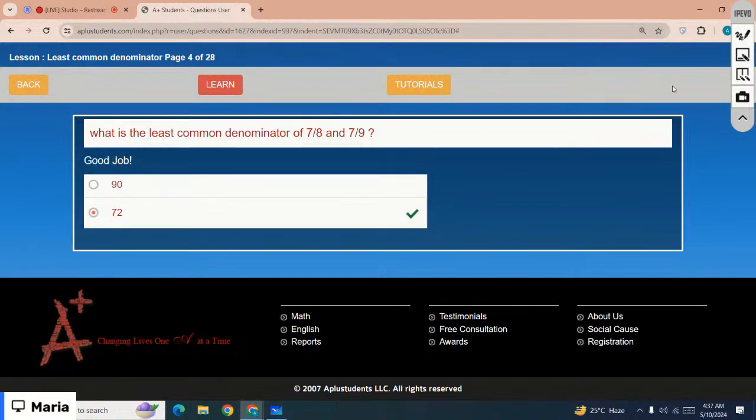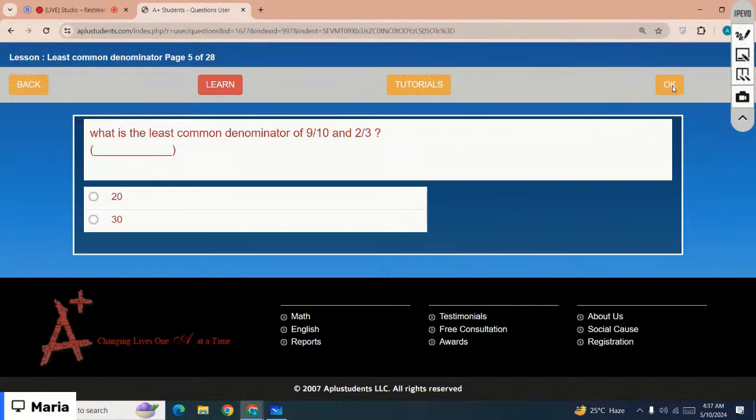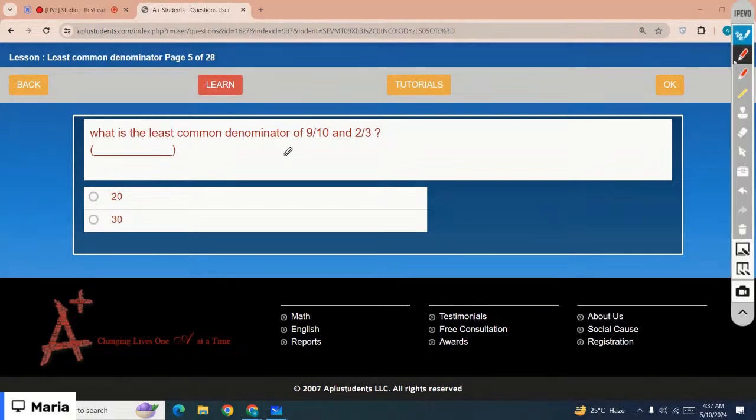You just have to write down the multiples of both the numbers, and then you have to see which one is the common multiple. Like, the denominators are 10 and 3. So write down the multiples of 10 and the multiples of 3. First I'm going to write down the multiples of 10. They are 10 times 1 is 10, 2 is 20, 3 is 30, and 10 times 4 is 40. Now you have to write down the multiples of 3.